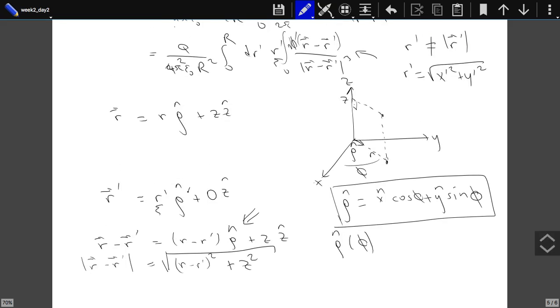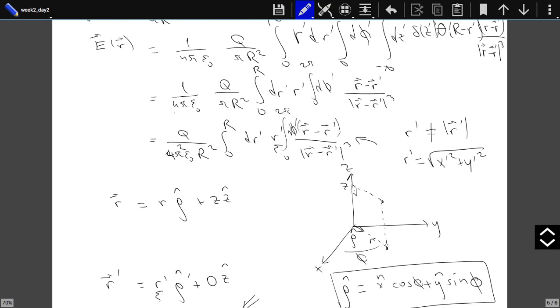You see, rho hat vector depends on where I am evaluating it. So if I change the point at which I am evaluating the rho vector, then it changes. So if I'm evaluating at the point R, let's say this is my z-axis.